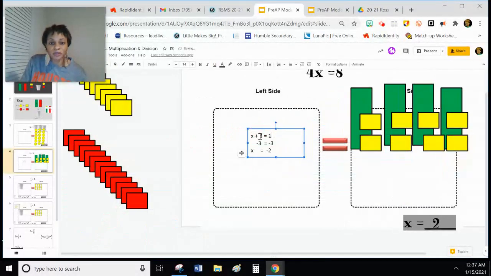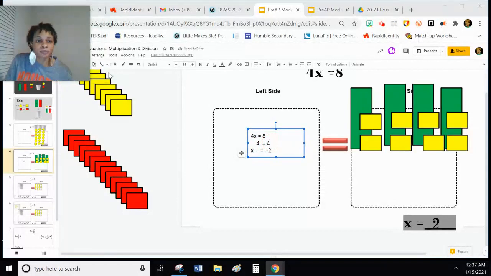I'm going to take this problem from last time and tweak it really quick for this one. So here we would have 4x is equal to 8. Remember, we are dividing, so we're going to divide both sides by 4. We're not doing the opposite number, we're doing the opposite operation. So I need to grab a line to represent my fraction bar.